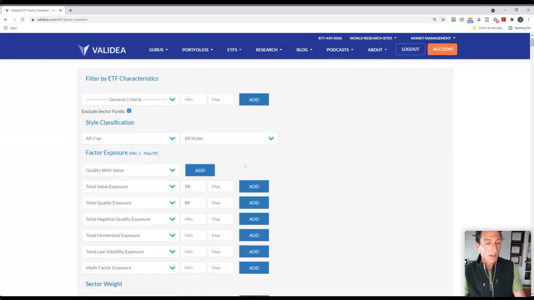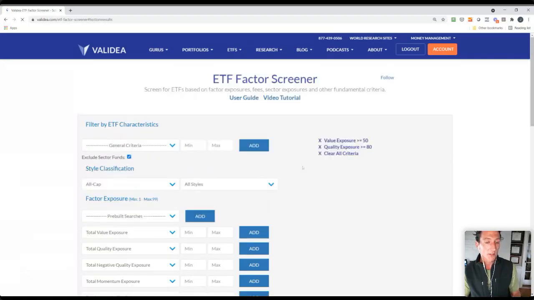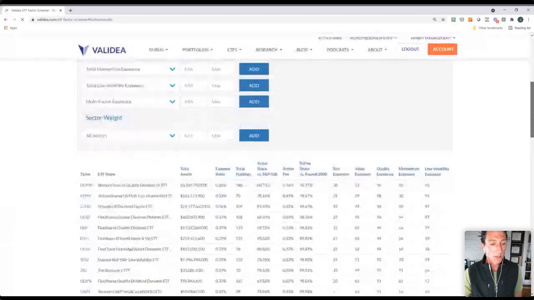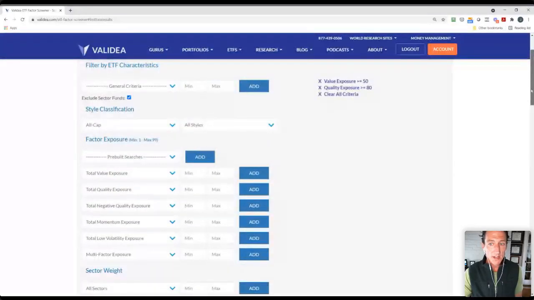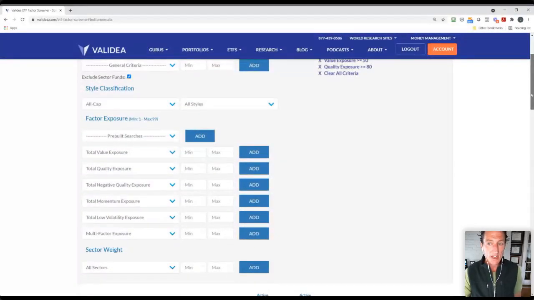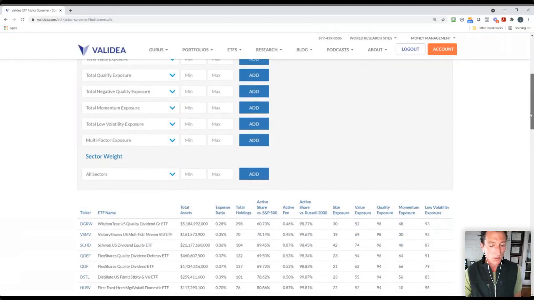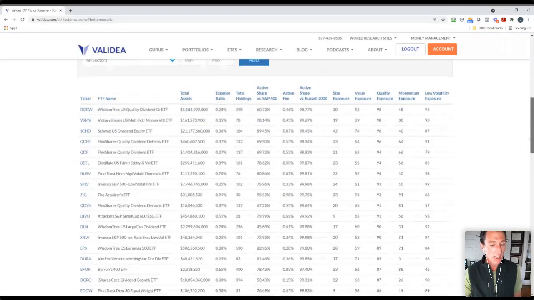So if you're an investor that wants to identify what ETFs would be considered quality, but also have value exposure, this predefined screen says give me ETFs that have 80% or more quality exposure and 50th percentile on value. And it brings us into a handful of ETFs.